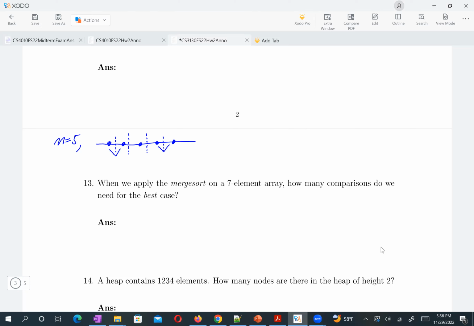When we do the merge using the best case, remember we have 2 formulas, a best case formula and a worst case formula. Here let me review a little bit. Merge two subarrays, the first subarray with m elements, the second subarray with n elements. So we have the best case formula and the worst case formula.